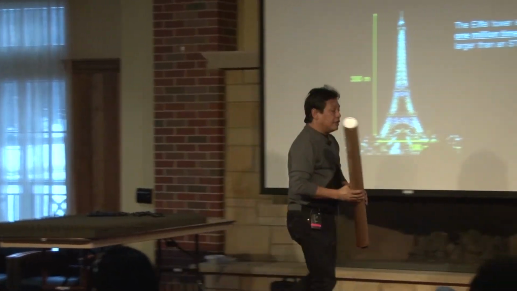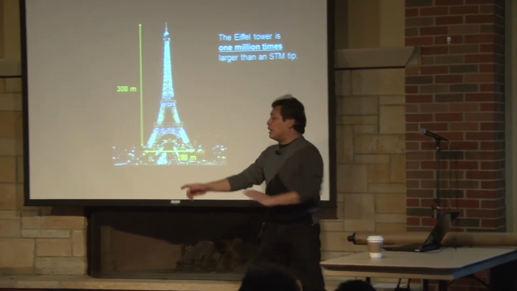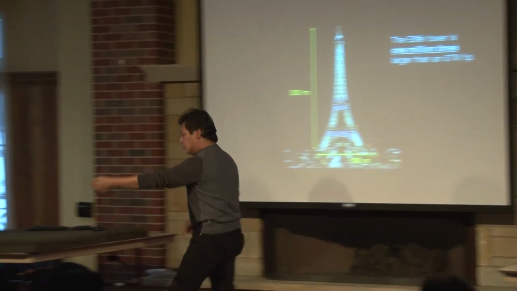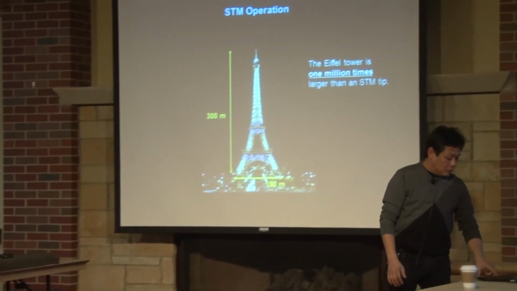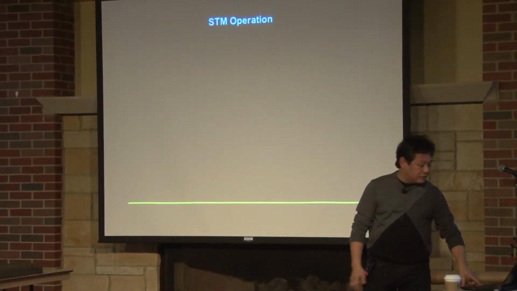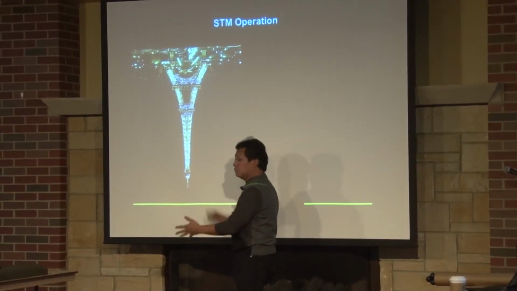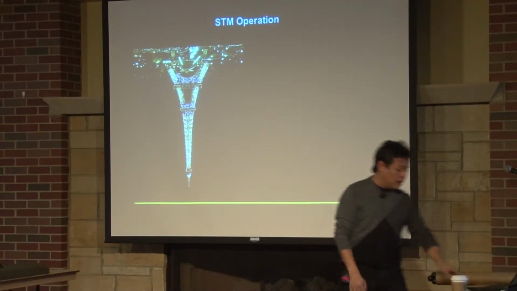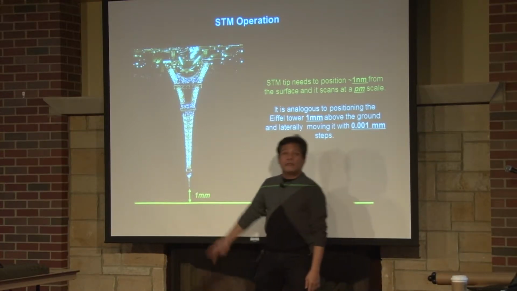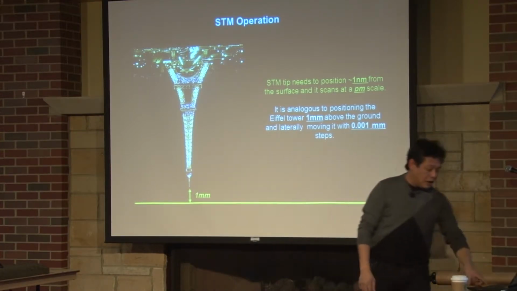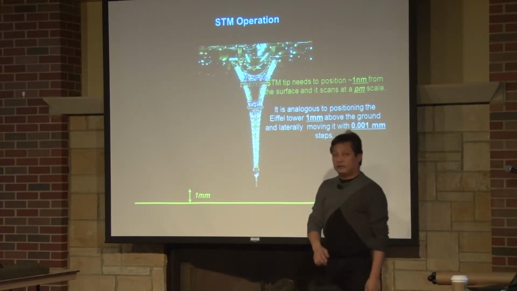If we use a simple ratio and multiply 1 nanometer by 1 million, then what we are doing in STM is like using the Eiffel Tower to image the ground from 1 millimeter distance, and moving it in 0.001 millimeter steps.